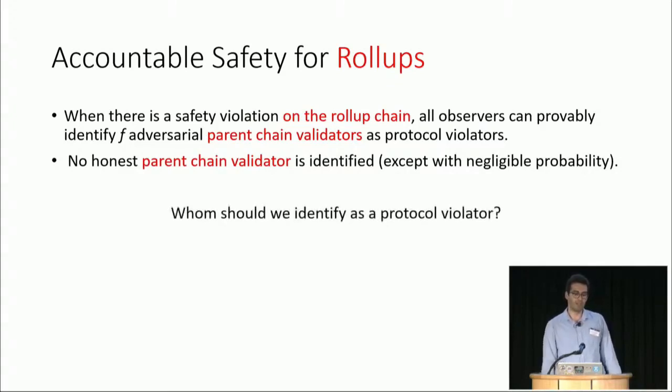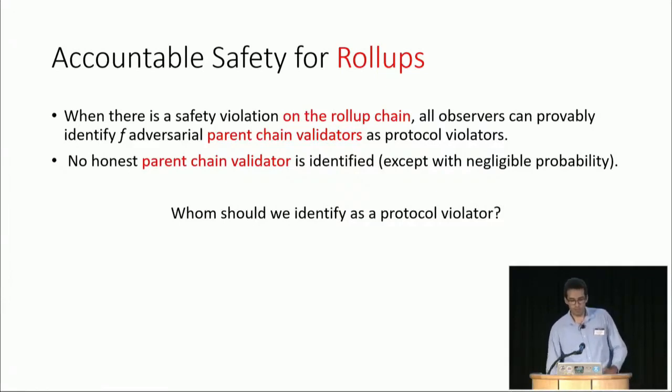Now, you might ask, why is this a good notion, right? Why am I identifying the parent chain validators whenever there is something wrong on the rollup? Why don't I identify the rollup full nodes or light clients or the sequencer? First of all, these rollup full nodes or light clients are external observers of the system, so they might not have any stake in the system. Now, the sequencer might be a single entity, and it might have little stake.